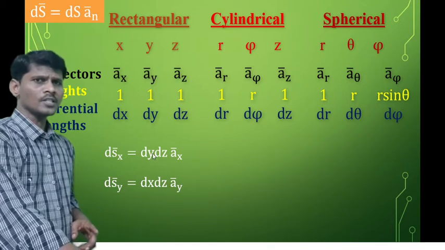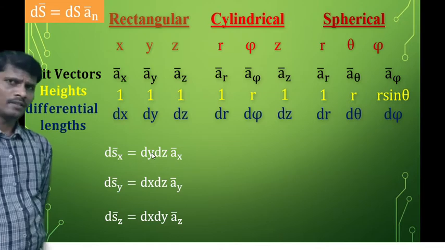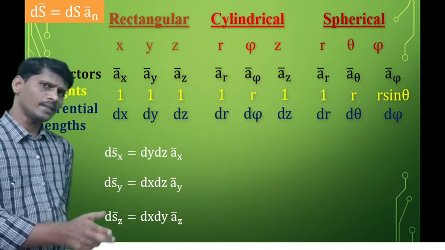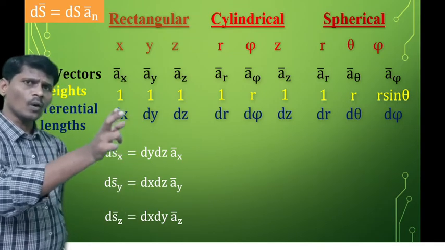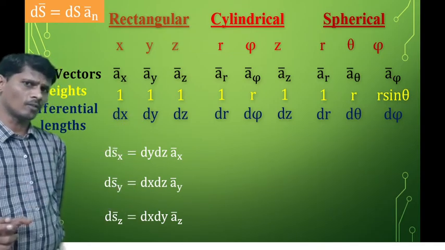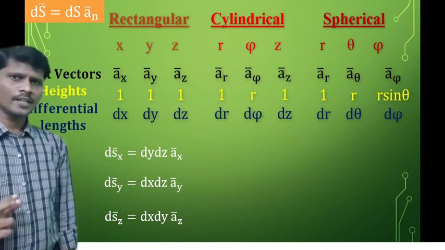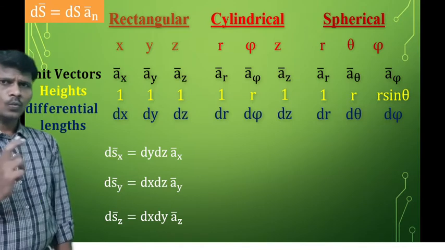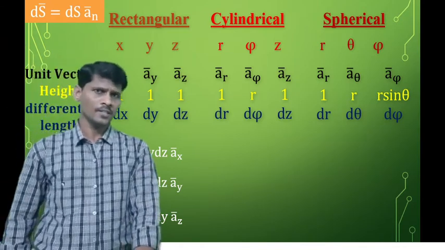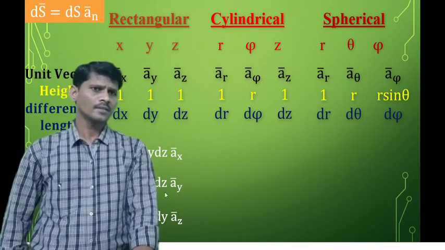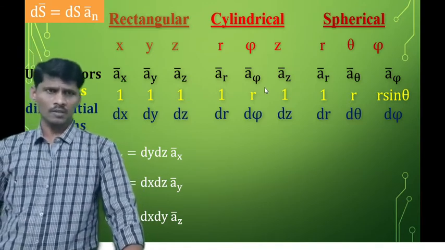Next calculate the differential vector surface area normal to z direction. In this case, remove the az bar elements, neglecting 1 dz, and consider the remaining components. So the differential vector surface area normal to z direction is 1 dx into 1 dy into az bar. In the same manner, we can apply the process in cylindrical coordinate system and spherical coordinate system also.